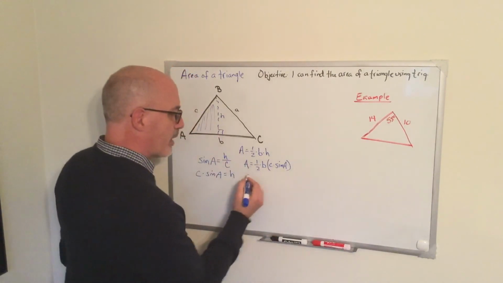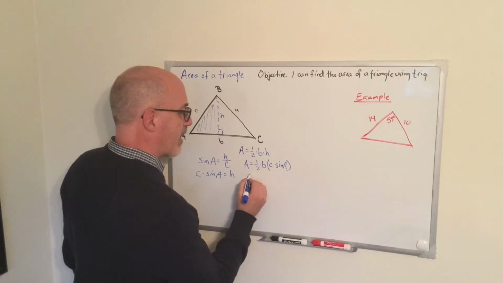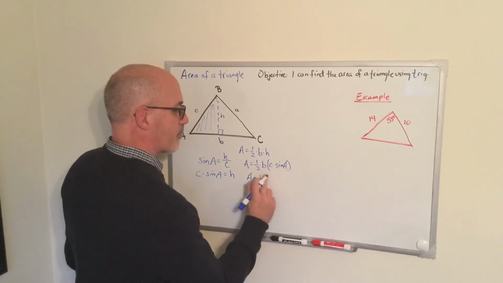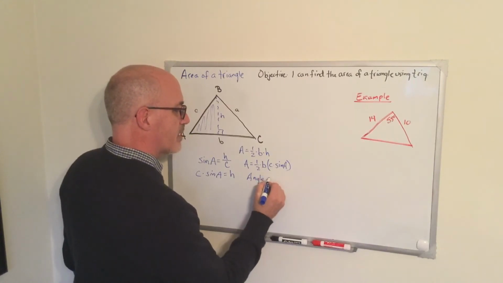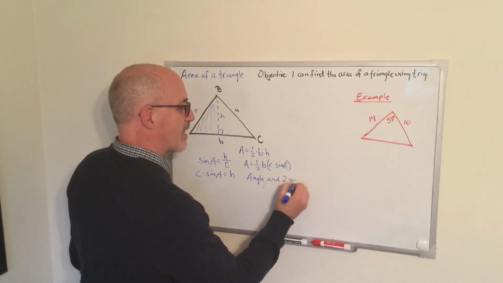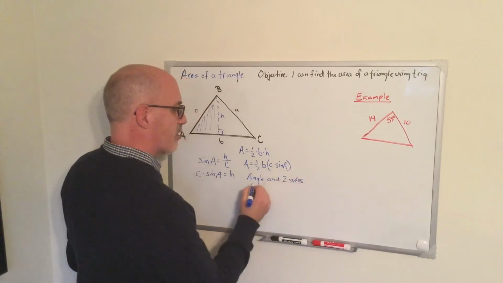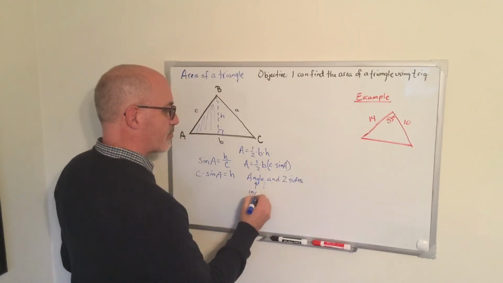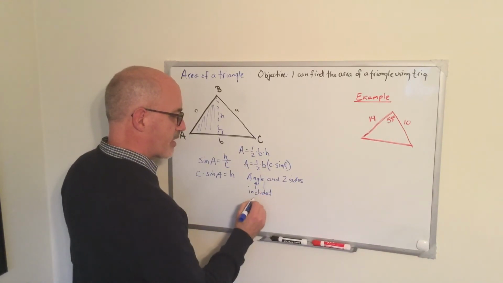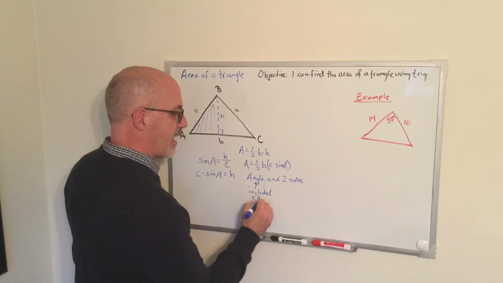It just involves the sides and the angle. And what we use here is if we have an angle and two sides, that angle is the included angle. That's the situation where we've talked about before, where you have side, angle, side.